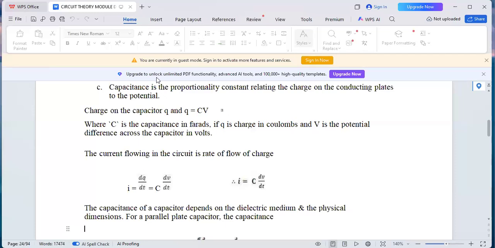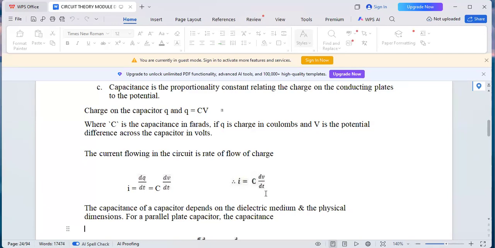You see that? So current will be equal to capacitance times change in voltage per change in time. Then it is easy to say I equal to C dV/dt, which is making sense.